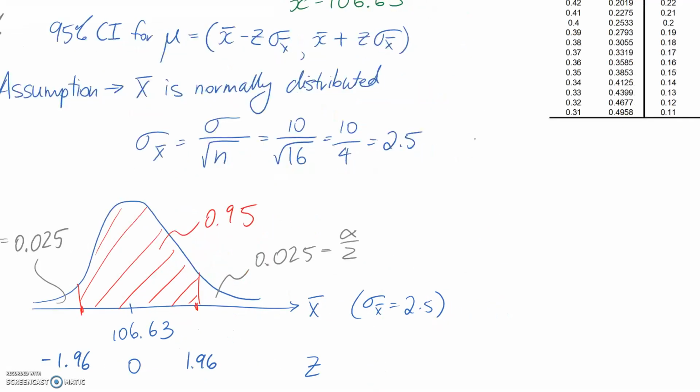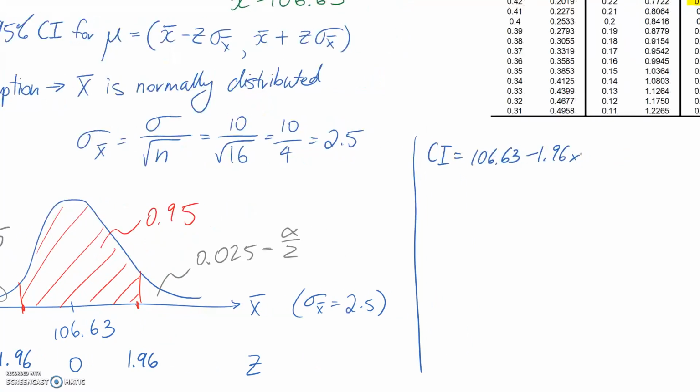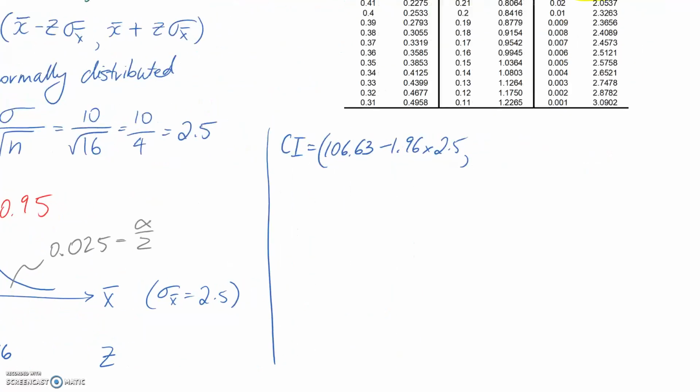I might come over here. So our confidence interval is equal to x bar, which we said was this 106.63, minus our z value, which is the 1.96, multiplied by our standard deviation, which is 2.5. So that's the lower limit. The upper limit is this just with a plus in here.